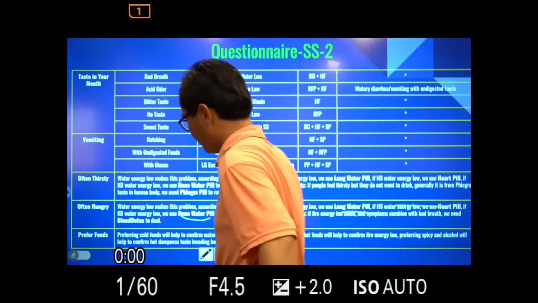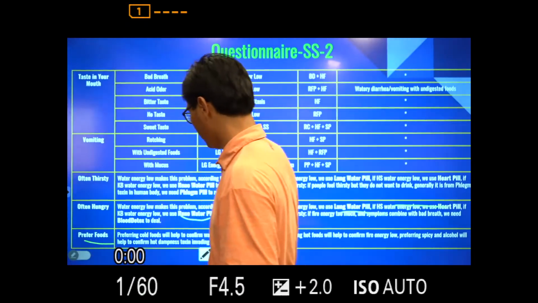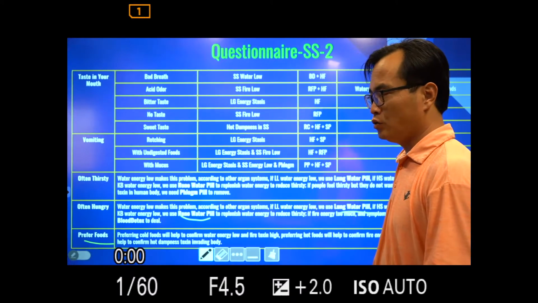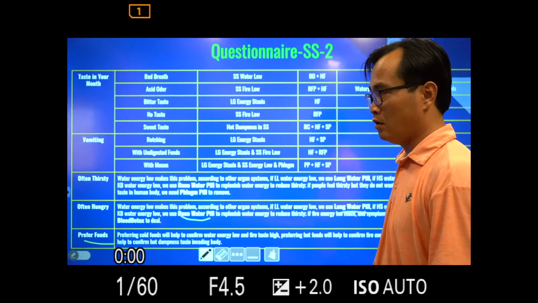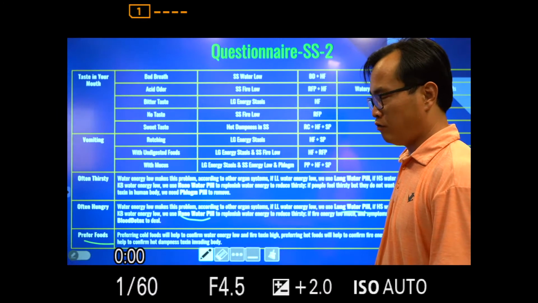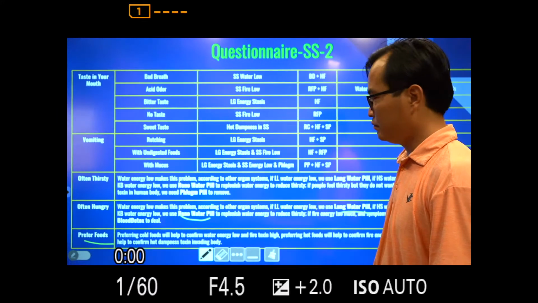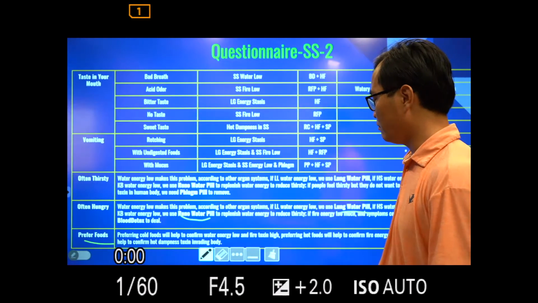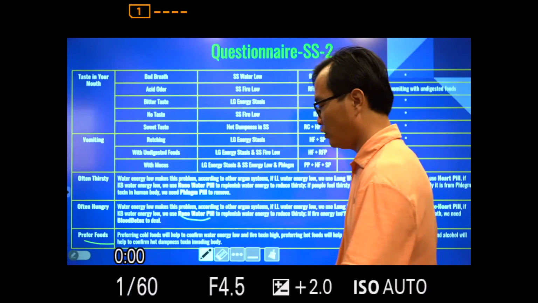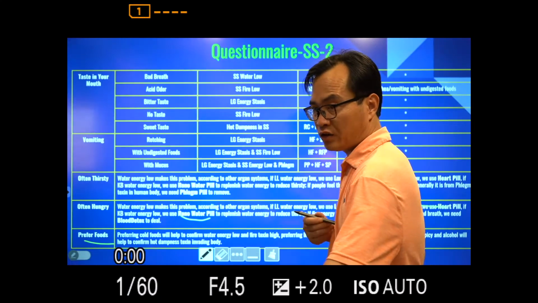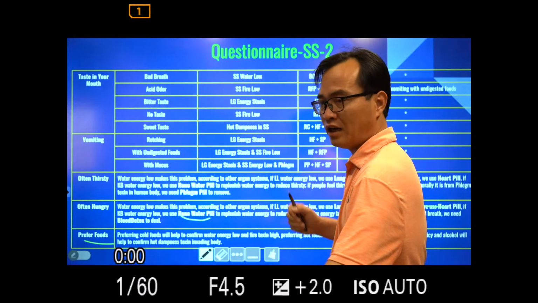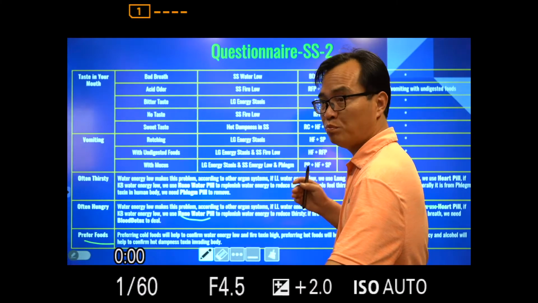Preferred foods. From the foods the people prefer, we can also check where the problems come from. Preferring cold foods helps to confirm that water energy is low and fire toxin is high. Because if the fire toxin is very high in their body, generally they like cold stuff, to balance it.